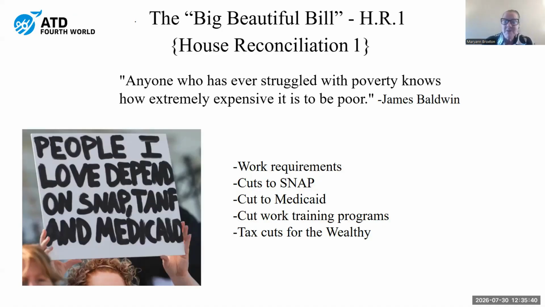Even though HR1 institutes work requirements, work readiness and training programs aren't fully funded. So meaning, how do people find a job without having programs to help them do so if they've never worked before? There's also 187 billion with a B in SNAP cuts.